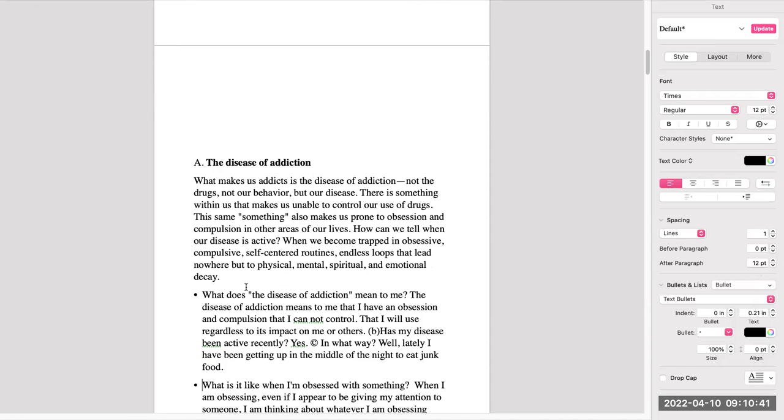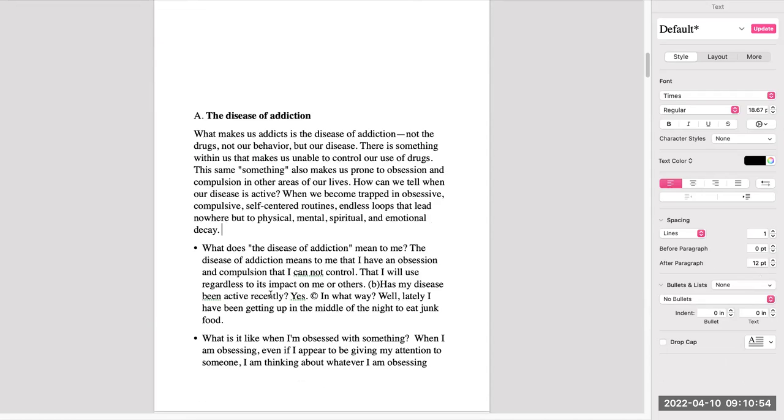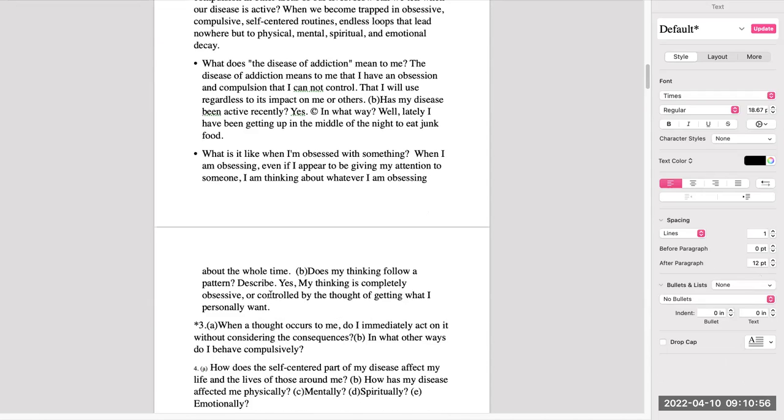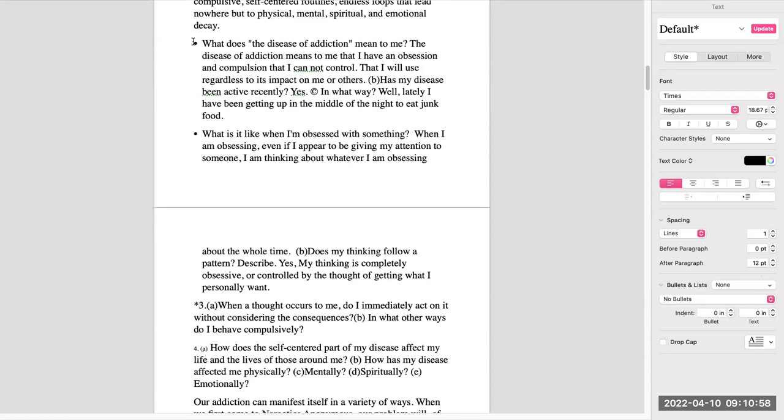Okay, so in the first bullet under A, the disease of addiction, you're going to write in your journal, A, the disease of addiction. And you notice underneath this particular section, there are several sections of questions. This is a bullet, this is a bullet right here, this is a bullet.